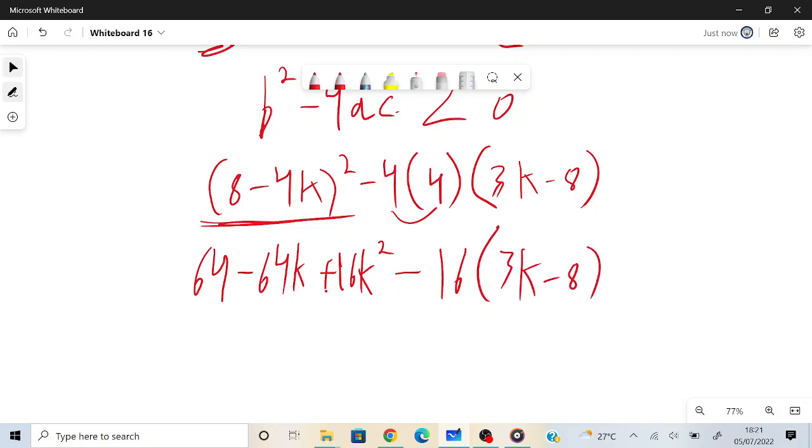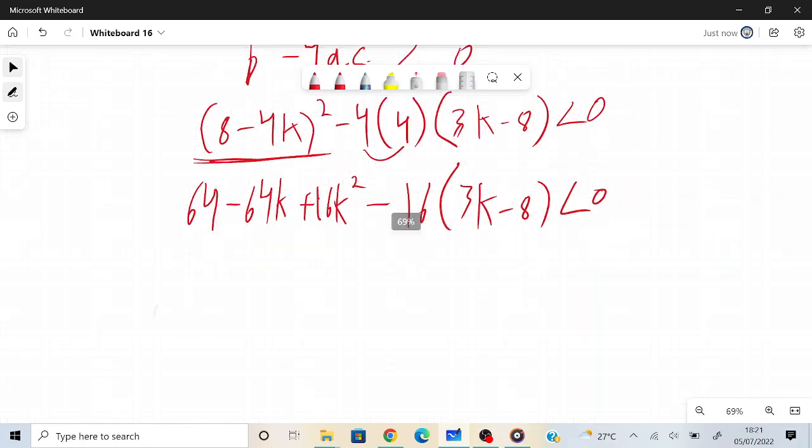So 64 minus 64k plus 16k squared, then minus 4 times 4, this becomes minus 16 into 3k minus 8. Remember, it's all still less than 0, although you can treat the inequality sign as something like an equals to sign. You can simply treat it as an equals to sign.